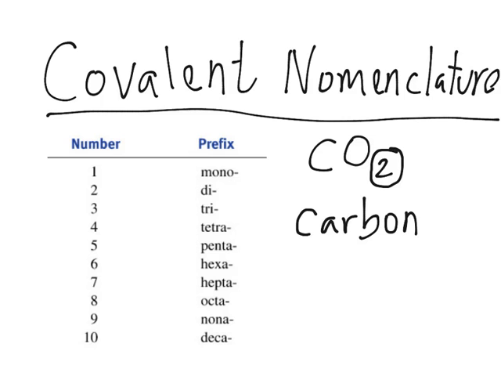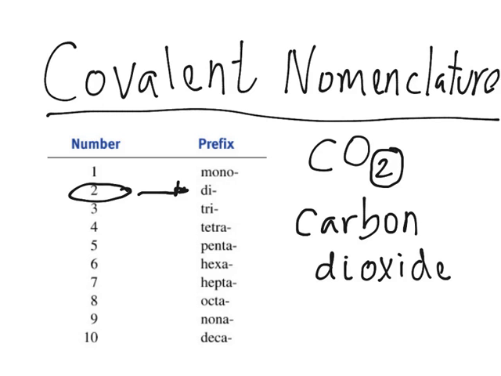You use this table, and it says that 2 is di, the prefix di. So it will be carbon di, and as we did before, oxide. You add the IDE at the end to oxygen. So this is a very common gas, carbon dioxide.